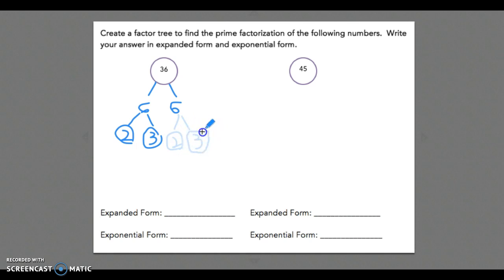Now, when I write my numbers in expanded form, I'm going to write them in order from least to greatest. So I have 2 times 2 times 3 times 3.